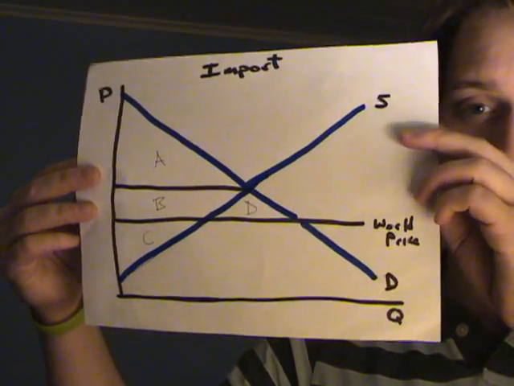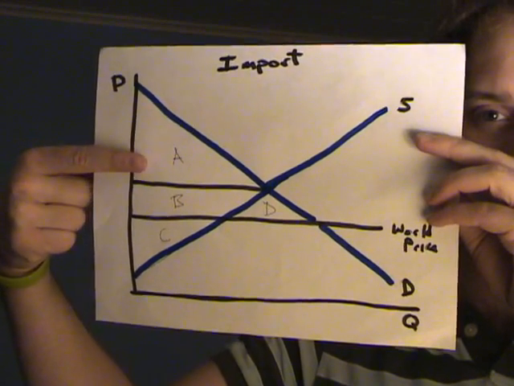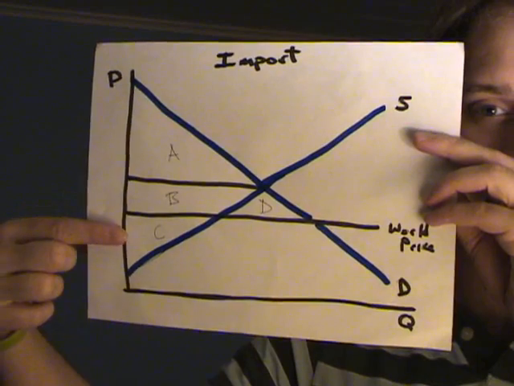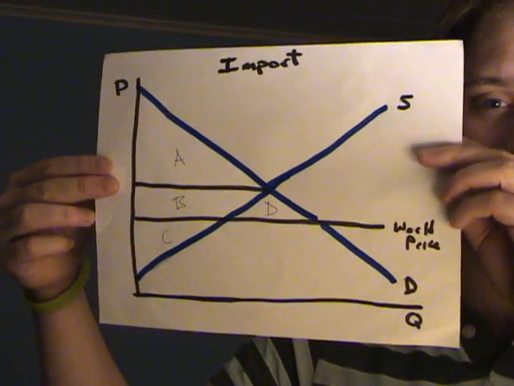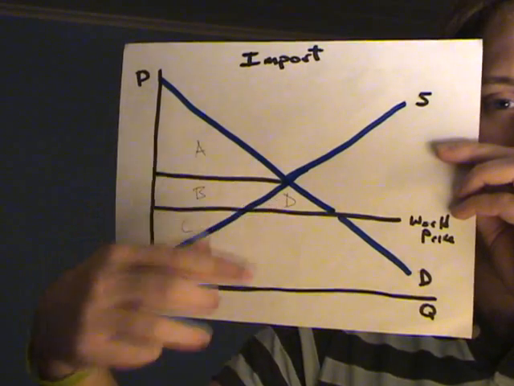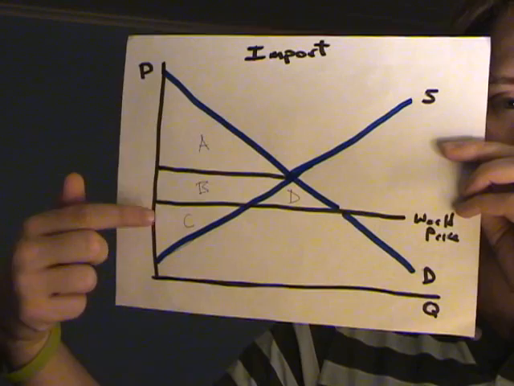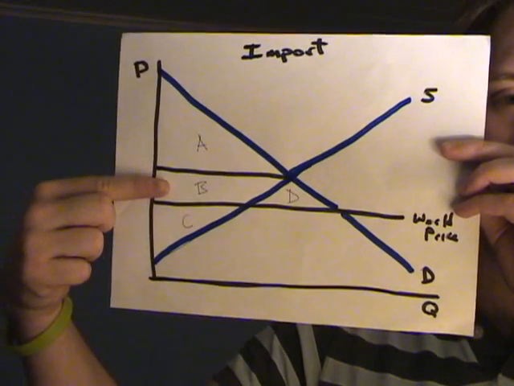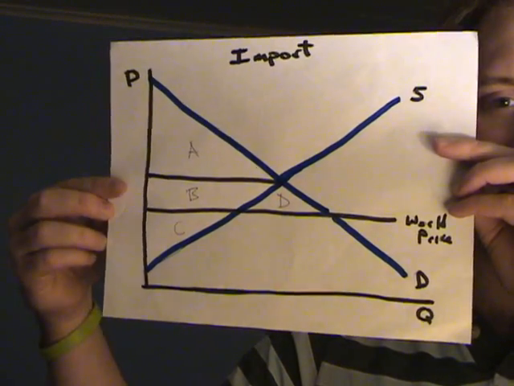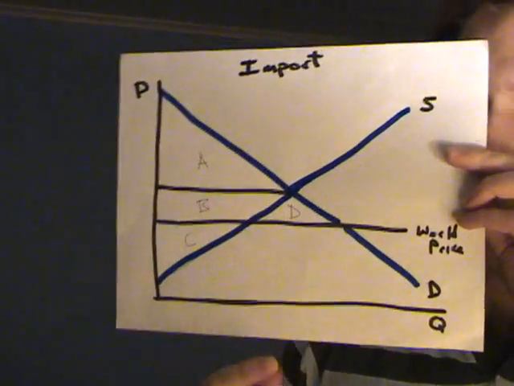So before the good was imported, consumer surplus was triangle A and producer surplus was triangle B and C. After opening up to imports, consumer surplus is triangle A, B, and D, and producer surplus is triangle C. So producers lost B to consumers, and the net gain in goodness and surplus was triangle D.